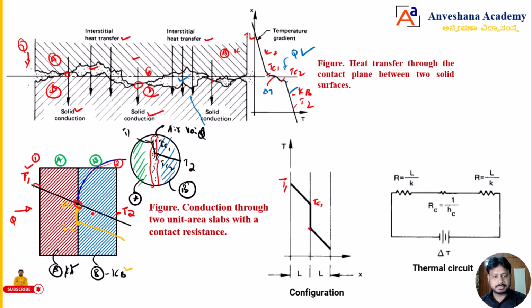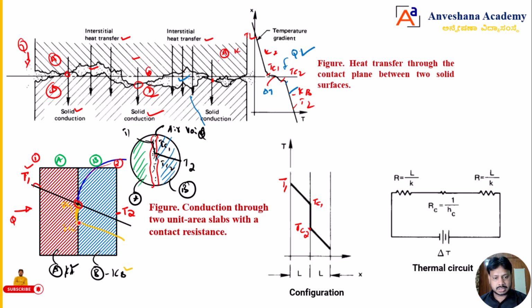Then it drops further because of the air gap or void. Because of this air void or air gap, there is a drop in temperature. That drop, up to that point, I will mark as TC2, the temperature drop due to thermal contact resistance.